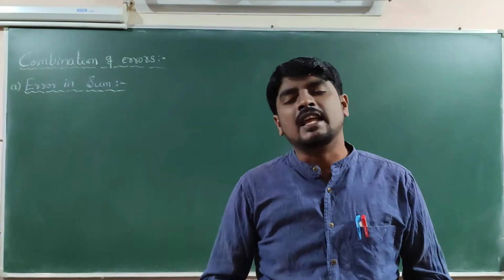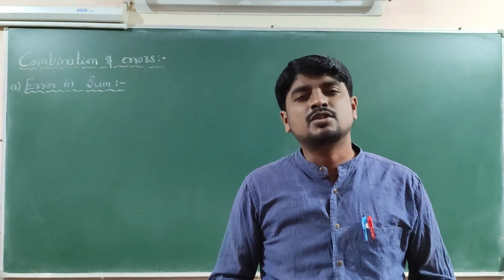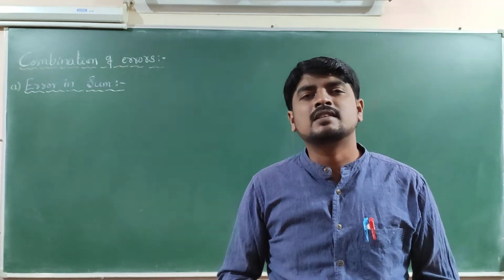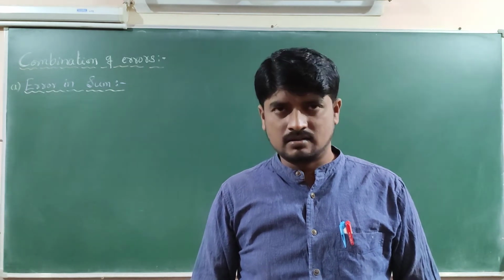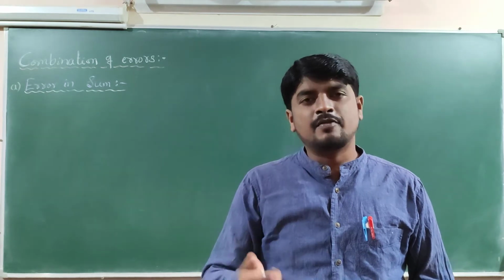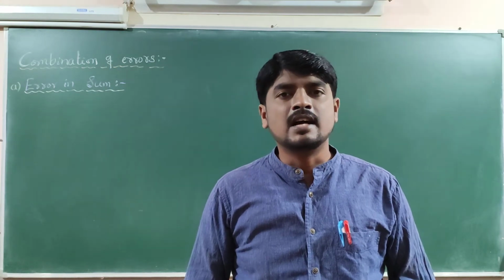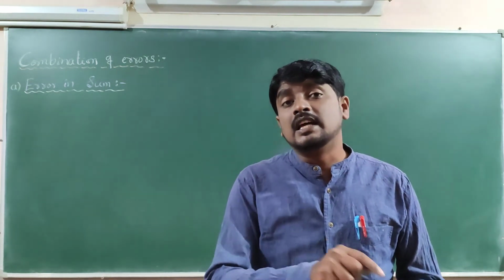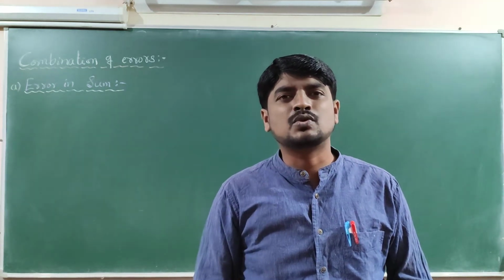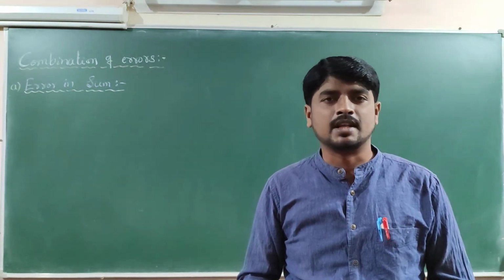If I combine these three results, 99, 98 and 97, there are 3 errors: one is 3, one is 2, one is 1. Altogether if I merge them, I get 6 as the error. If I take the average, the result is 98%. Then the error is the combination of all these errors, that is 3 plus 2 plus 1 is equal to 6, divided by 3 because I have taken 3 subjects, then it becomes 2%.